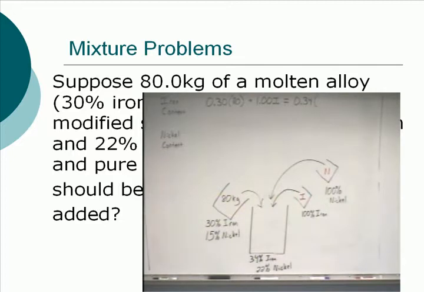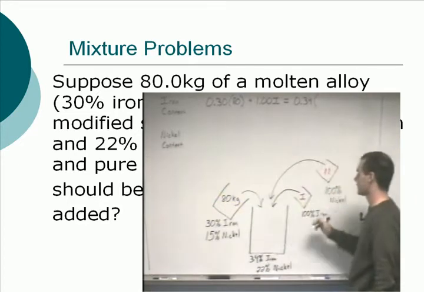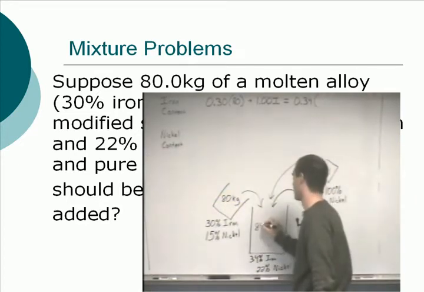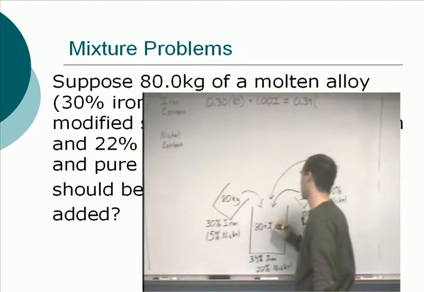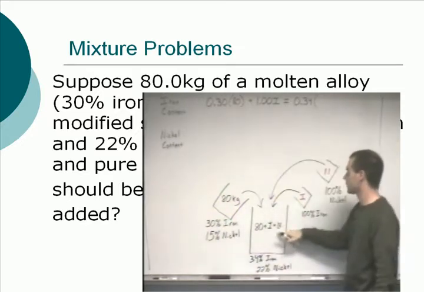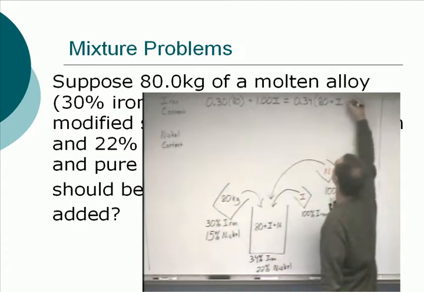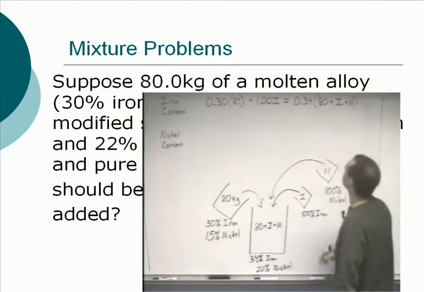What's your total? 80 plus I plus N. So it's going to be 34% of the whole mixture. 80 plus I plus N.